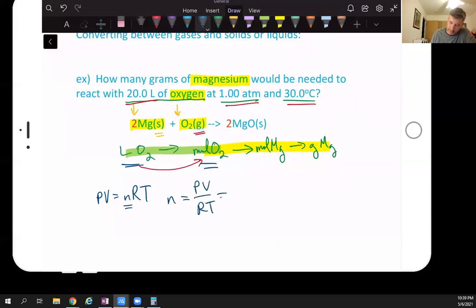We've done lots and lots of that sort of rearranging, right? Now, this is moles of oxygen. I probably want to note that, and it'll become apparent in just a minute why it's important. I'm going to put a little subscript O2 on my n, just to remind me that it's oxygen that I'm finding.